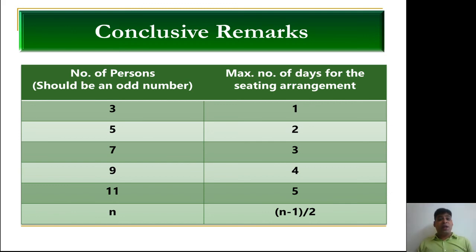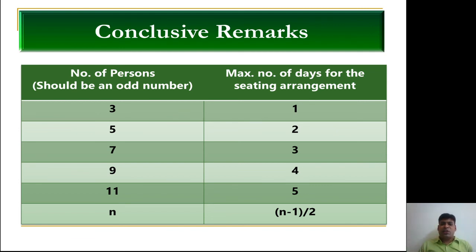Okay, and one more observation is that we have referred here to the number of persons being an odd number. We have not written an even number right now. We have only odd numbers. For the even case, we are messed up with this. We are not getting a proper conclusion, right? So when we have an odd number of persons, then we do have this result.